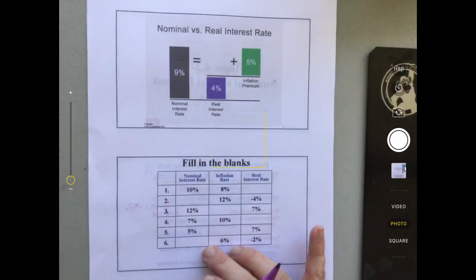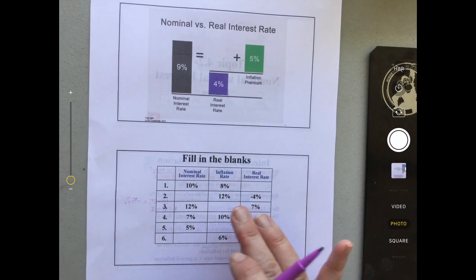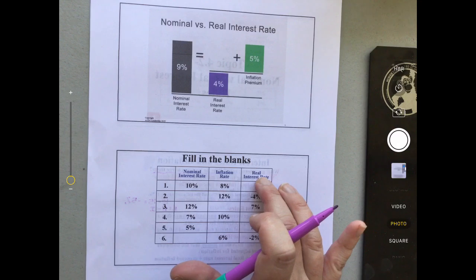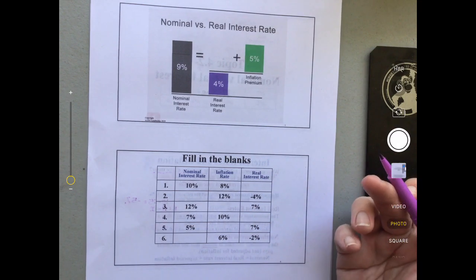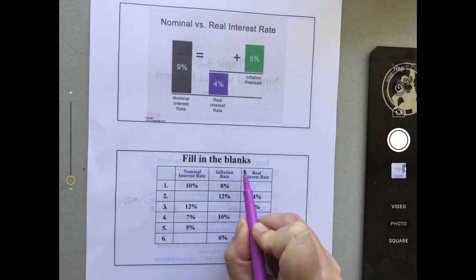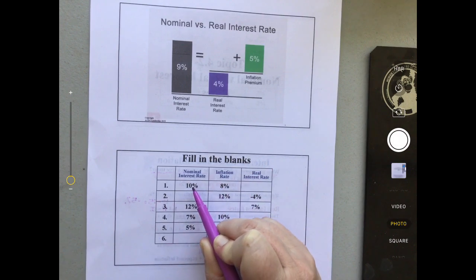Next, we have some fill in the blanks. It gives you two of the following: nominal interest rate, inflation rate, and real interest rate, and wants you to fill in the blank on the unknown. So we know that real interest rate plus inflation rate must equal nominal, okay?